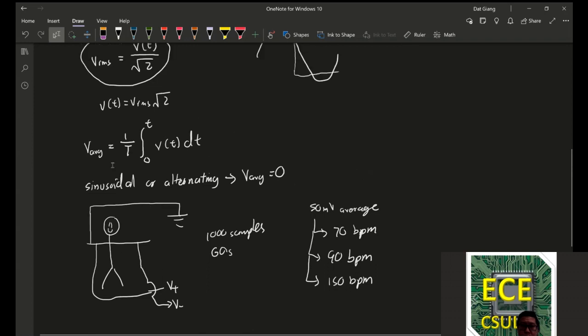Well, average gives us something like this. You can actually use this formula as well, because this is just the definition of average. Okay? All right. Thank you.